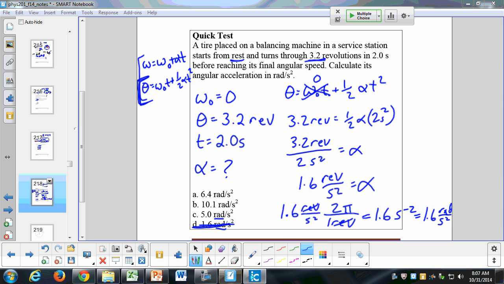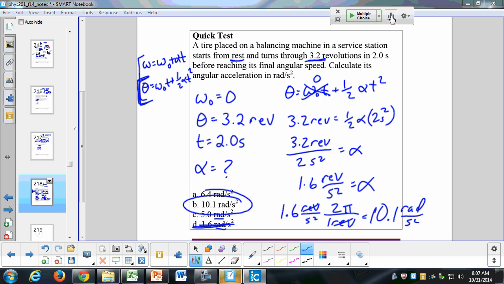But if you ever see it just not written as a unit, that's why. It's not really a true unit. So 1.6 radians per second squared, or excuse me, not 1.6. It's 10.1. 1.6 times 2 pi is 10.1. So B is the right answer.